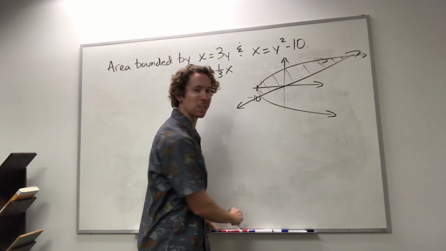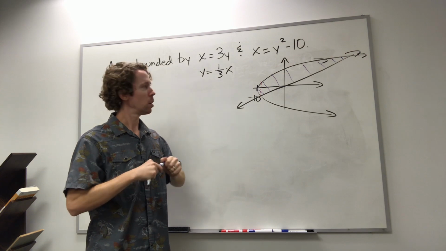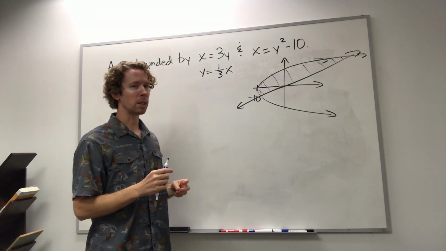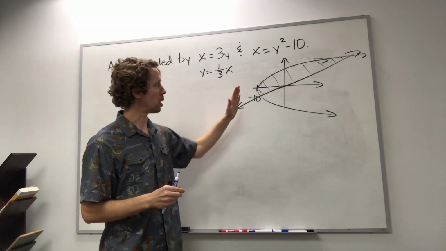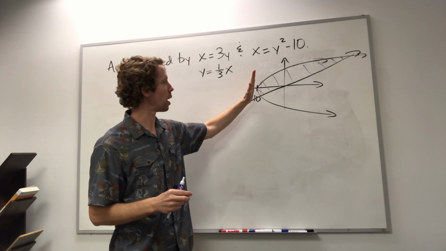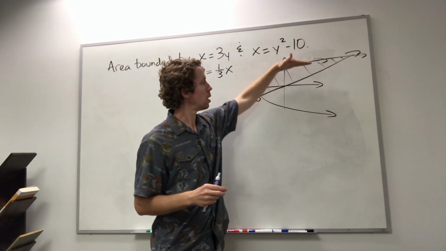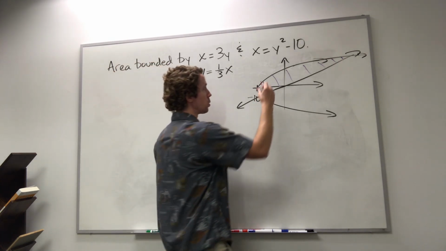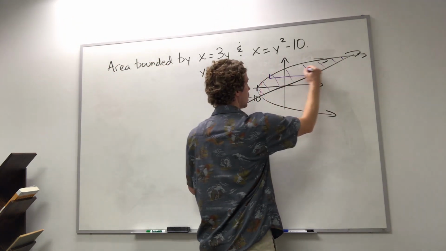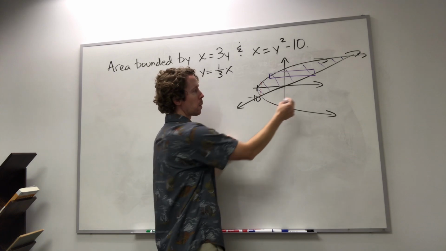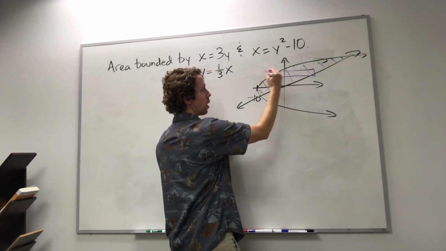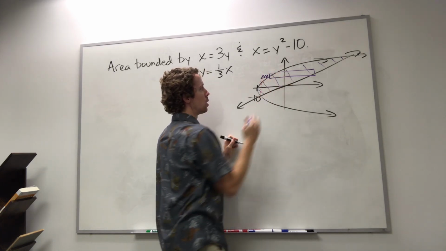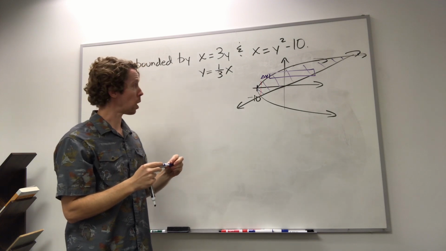And just to give you a quick reminder, this means that instead of doing Riemann sums to get to my integral that have vertical rectangles, I'm doing horizontal rectangles. And those horizontal rectangles, instead of having a width of delta x, they'll have a width of delta y. And so I'll be integrating with respect to y.